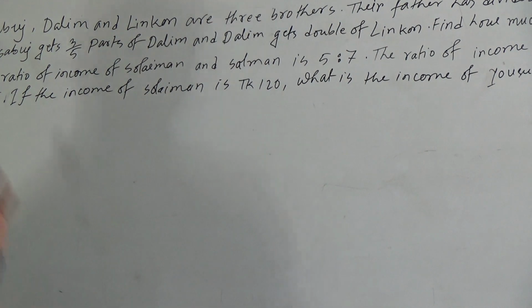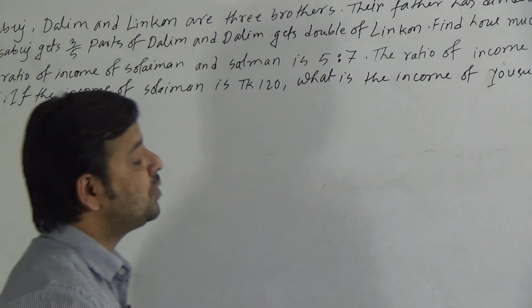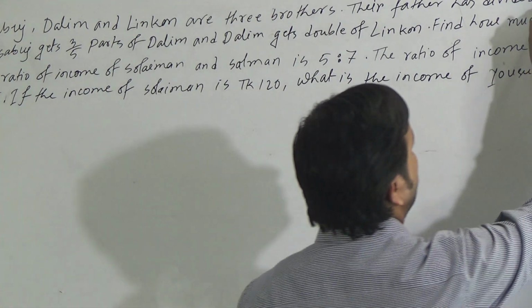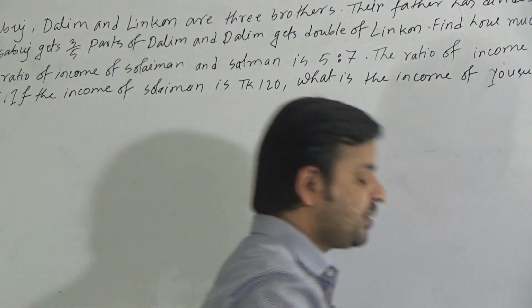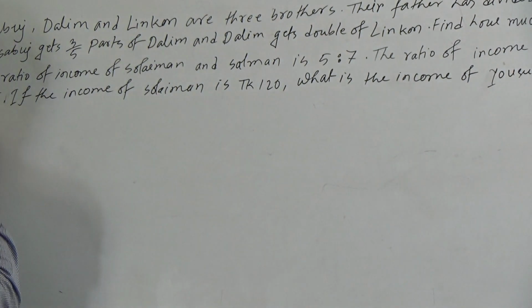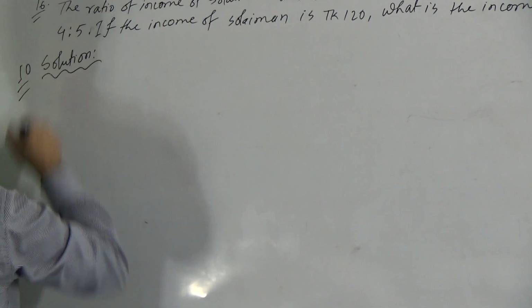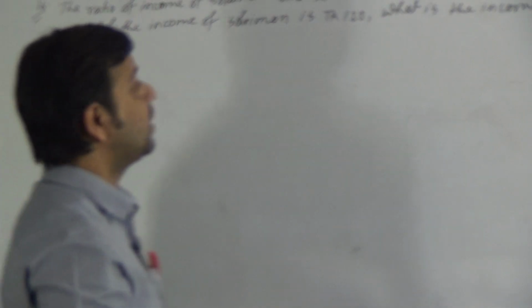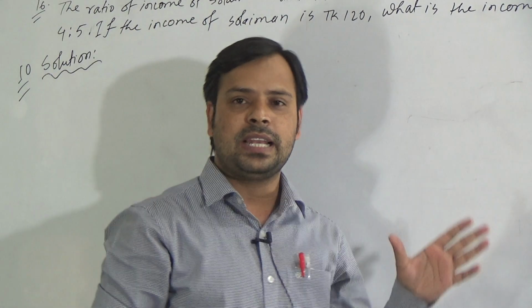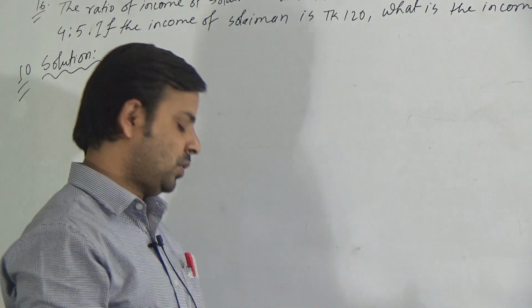From this we need to determine the amount of money of each person when the total amount is given, that is 6,300. So let us see how we can solve. To solve this question, at first we have to determine the successive ratio of the money of Shobuj, Dalim and Lincoln.